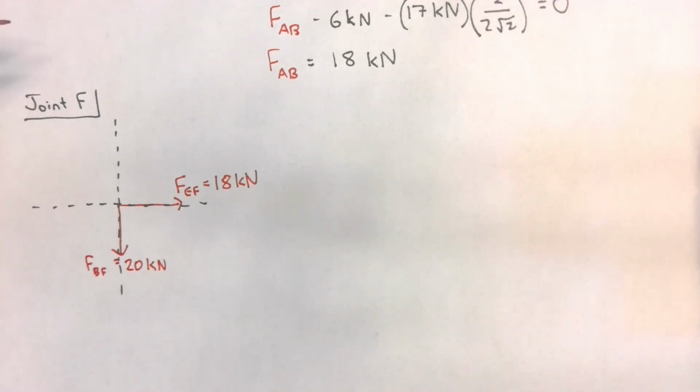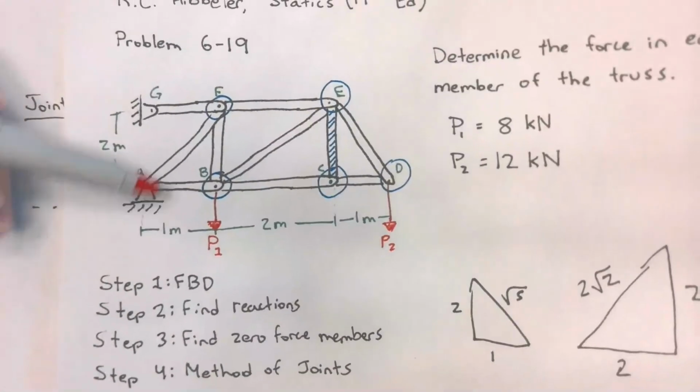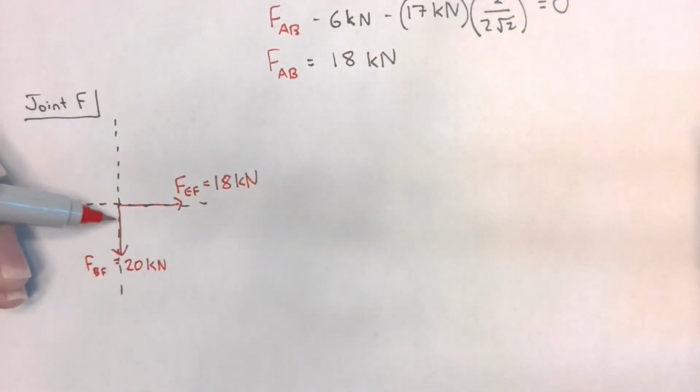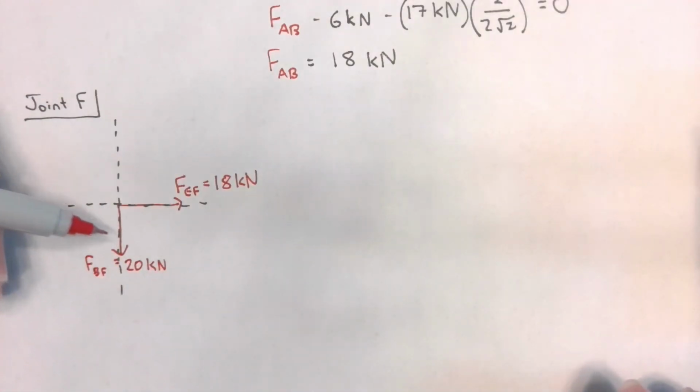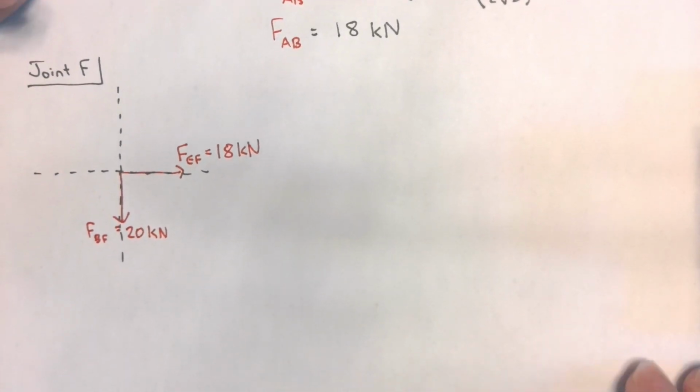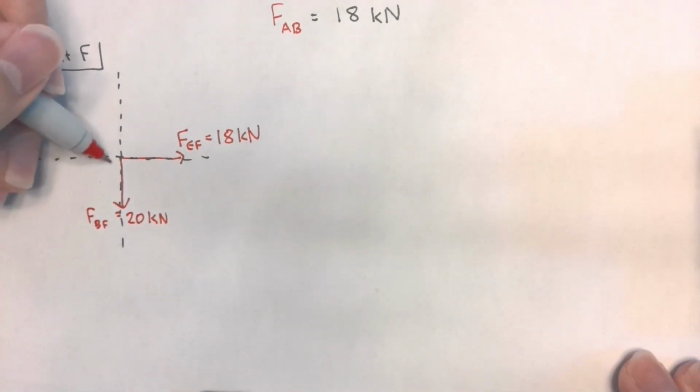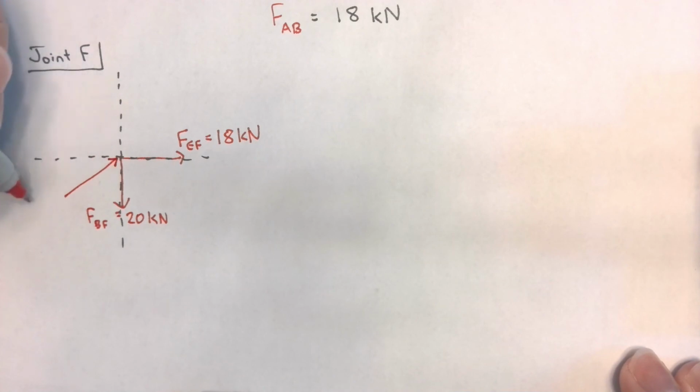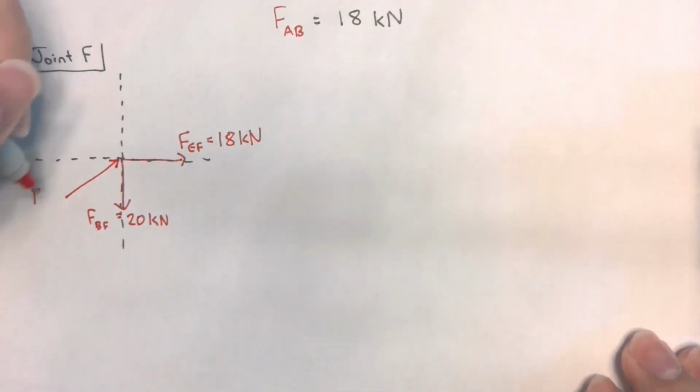So the force from A to F is diagonal, and since this y component is pointing downwards, the y component of A to F has to point upwards. So I'm going to assume that A to F is in compression.